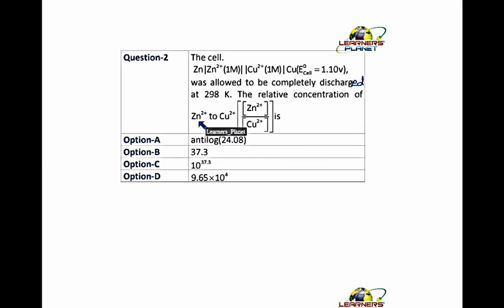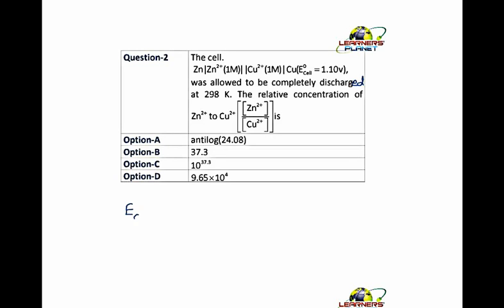The relative concentration of Zn2 plus ions to copper ions is. So you have to find out the relative concentration. So, what is the formula you're going to use here? Of course, the Nernst equation for the electrode potential of a cell.